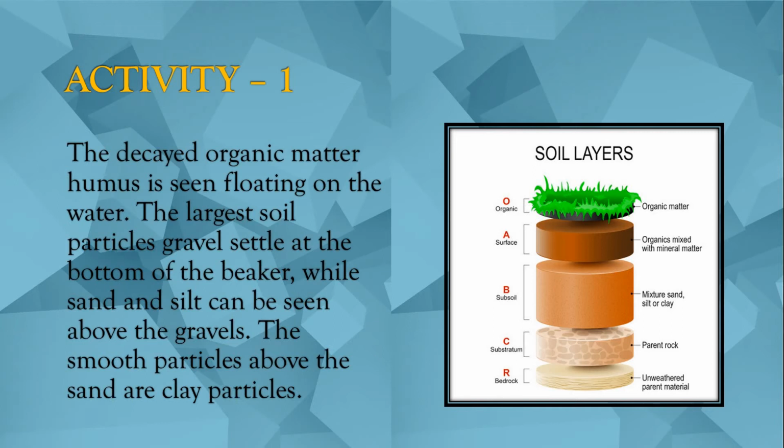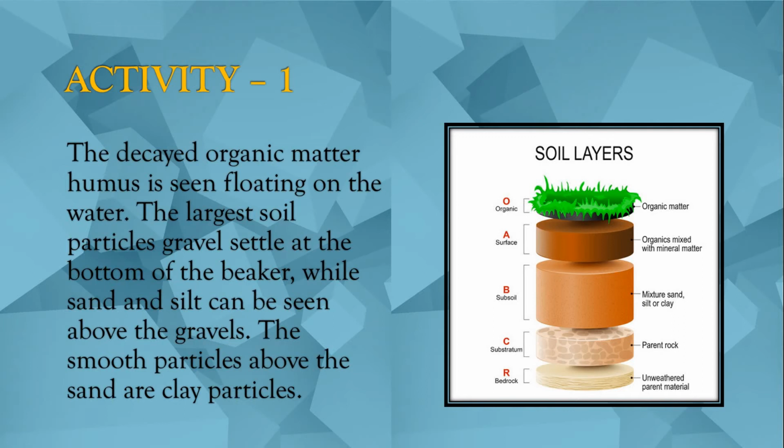What did you observe? The decayed organic matter, humus, is seen floating on the water, and the largest soil particles or gravel settled at the bottom of the beaker, while sand and silt can be seen above the gravel. The smooth particles above the sand are clay particles.